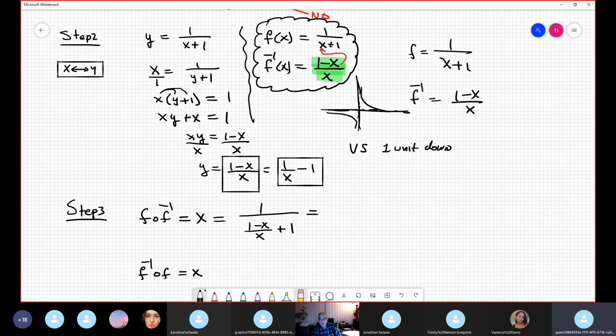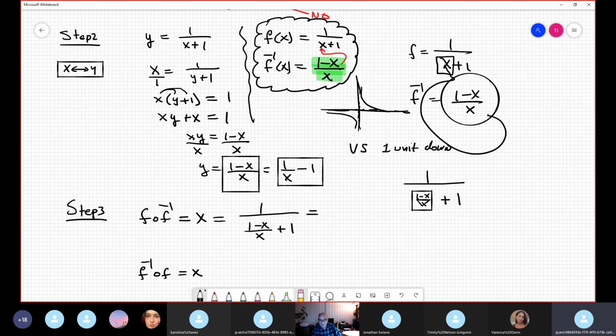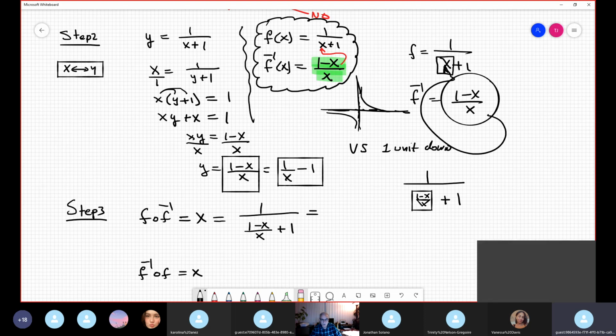I want to find the composition. You write 1 over box plus 1. This box represents that part, and inside the box you put (1 minus x) divided by x. This guy completely inside this. More clear now? Good. Okay, let me erase everything in that part.